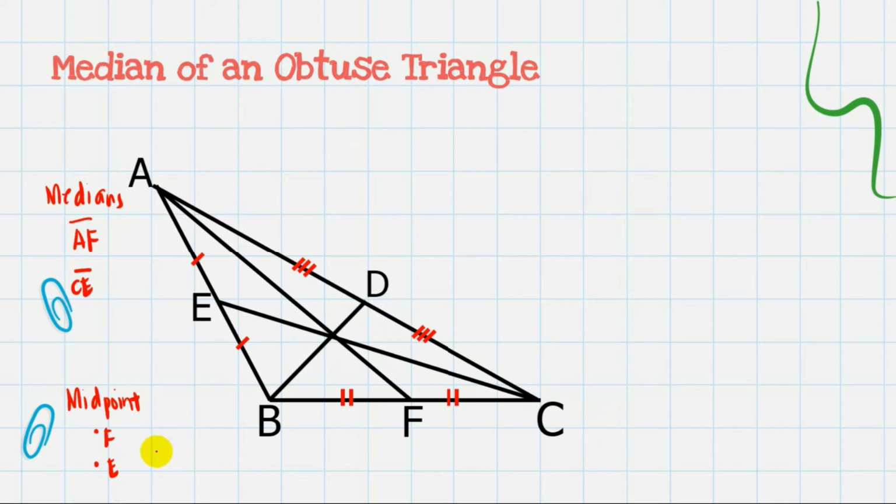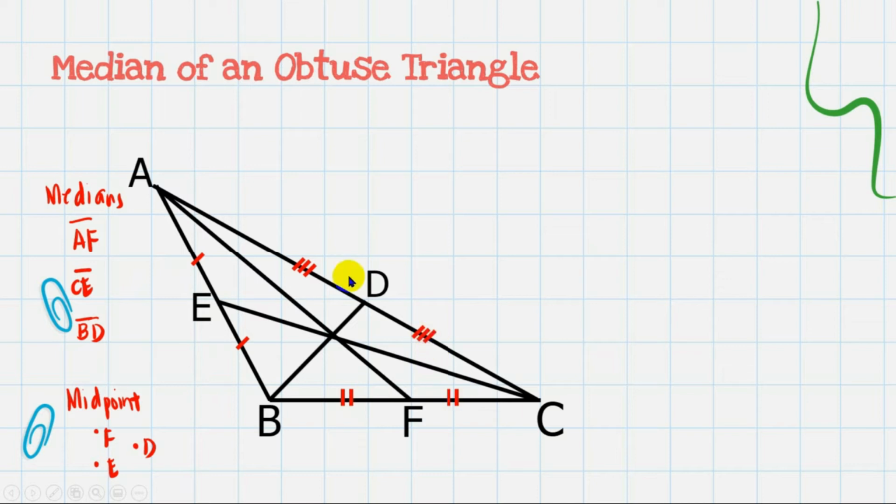Ang midpoint po na nandyan ay point D. Okay? At ang median ay line segment BD or line segment DB. So, the medians are line segment AF, ito siya, line segment CE, and line segment BD. The midpoints are point F, point E, and point D.